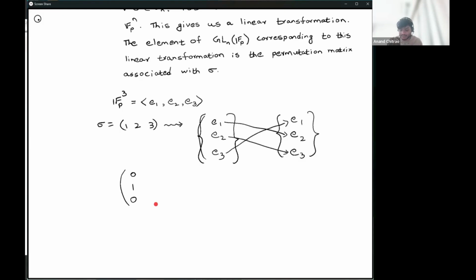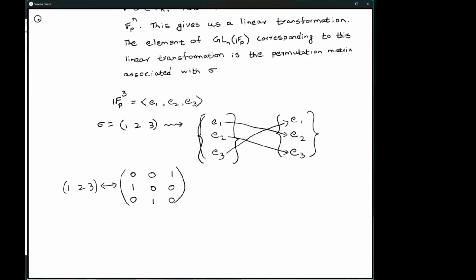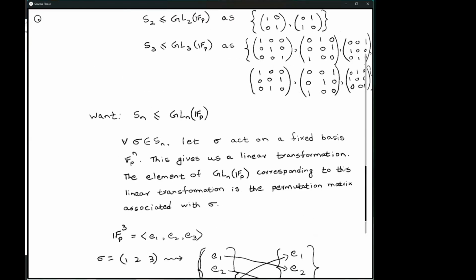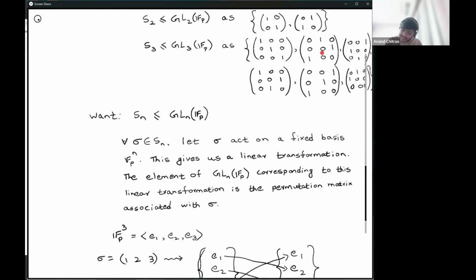The second column is where E2 goes. E2 goes to E3, which is (0, 0, 1). And the third column is where E3 goes. E3 goes to E1, so that's (1, 0, 0). So (1 2 3) corresponds to the matrix with rows (0, 0, 1), (1, 0, 0), (0, 1, 0). Is that clear? That's how this matrix is obtained.